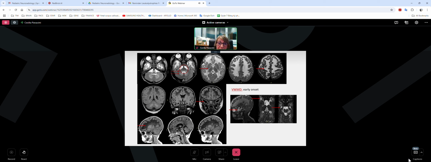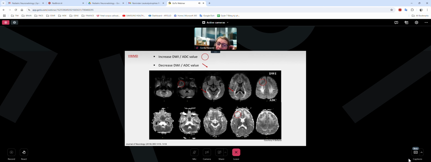On the brainstem, central tegmental tracts are frequently involved, and also this aspect is not specific of this disease, but it's frequently present. You can see here how white matter is hypointense on FLAIR and T1 sequences, and the cyst formation in the temporal pole.